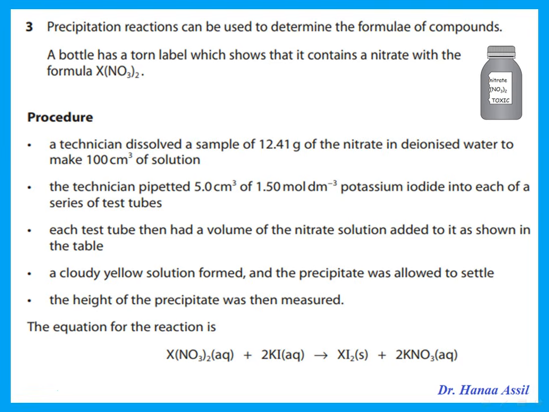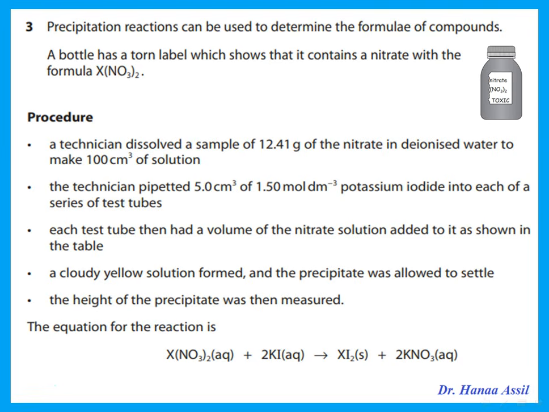The technician pipetted 5 centimeter cubed of 1.5 mole per decimeter cubed of potassium iodide into a series of test tubes. So I have 5 centimeter cubed of 1.5 mole per decimeter cubed potassium iodide in each test tube. Now each test tube then had a certain volume of nitrate solution added to it.